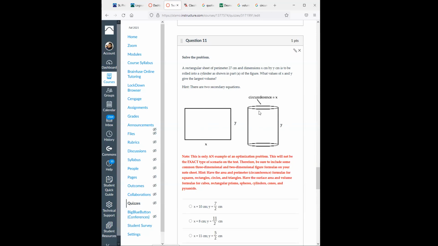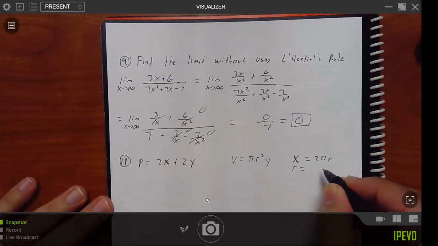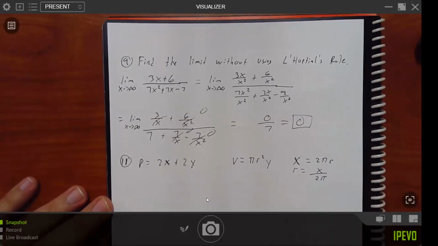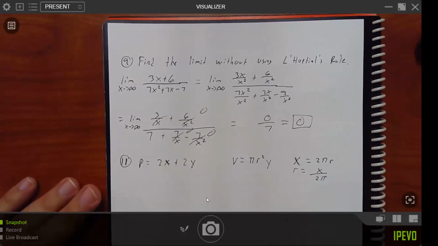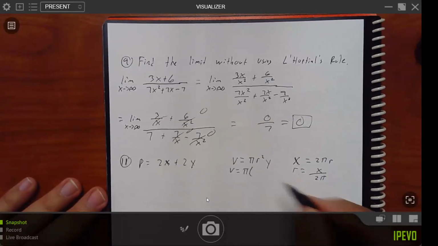So that means that r can be solved for. Circumference equals x, so r is equal to x over 2 pi, right? So now I can get this in terms of x's and y's.